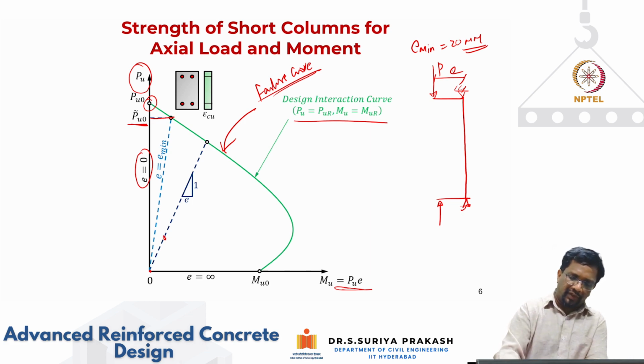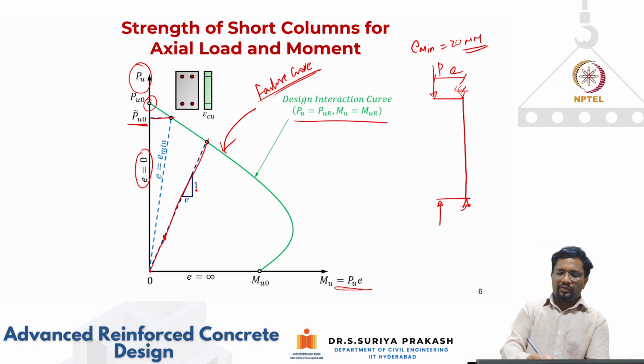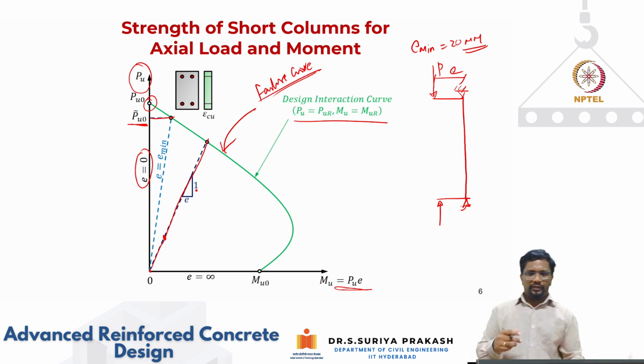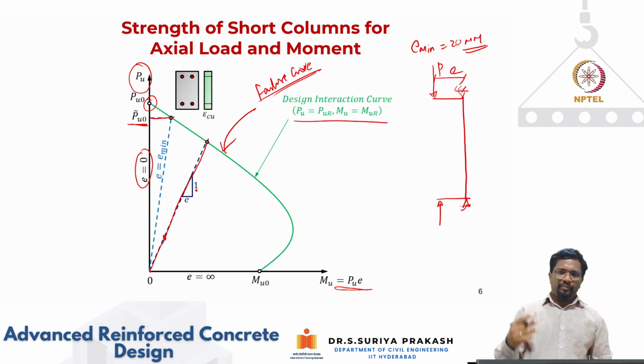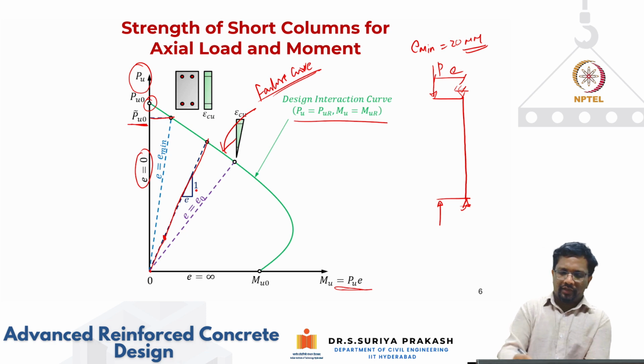When P is a certain value, I get some moment value. So what this curve actually indicates is a load moment curve. This load moment curve follows a slope of 1 by e. The slope of this curve is going to be 1 by e, or in other words, we are taking P by M, which is nothing but 1 by e.